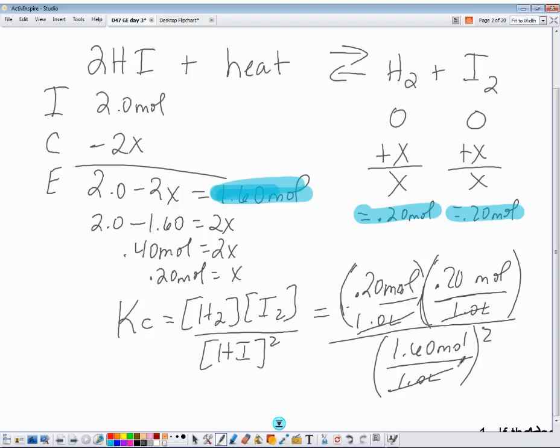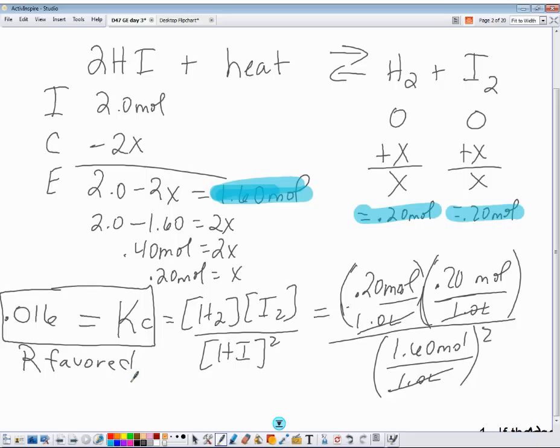Okay. Now, when I plug that all in, Brian, what did you get for the Kc value? 0.01, okay, 0.016. All right, Taylor, help me. What does that say to me? It speaks to me. What does that say to you? It's reactant favored. Jessica, what else does it say to you?